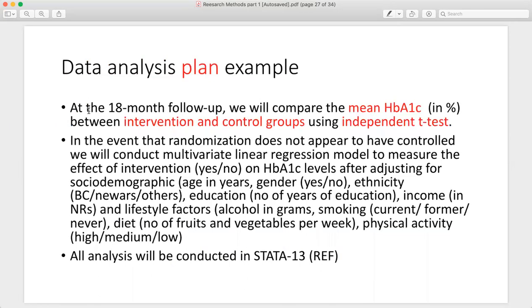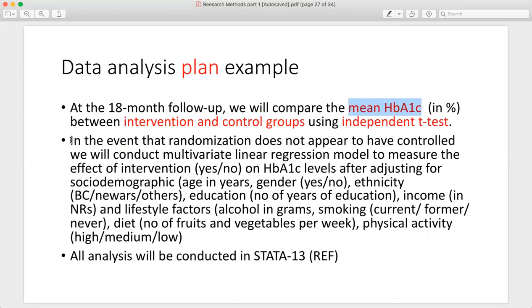At the 18-month follow-up, we will compare mean HbA1c between intervention and control group using independent t-test, so that is the statistical test here. This is our independent variable, whether the participant is getting intervention or control. And this is our dependent variable, mean HbA1c.